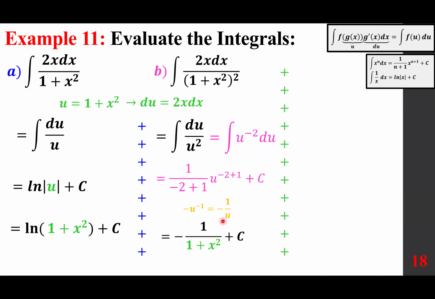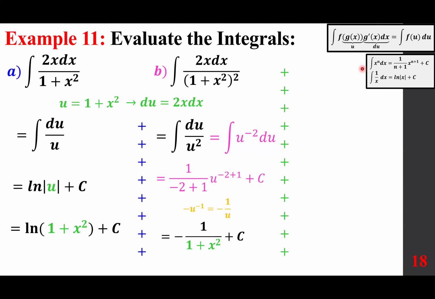So to compare and contrast, this one, when it doesn't have an exponent, you have the same u and du. This ends up being a natural log. But when it has an exponent, doesn't matter what number and how large, since you bring it up and you make it negative, ultimately it uses the power rule.